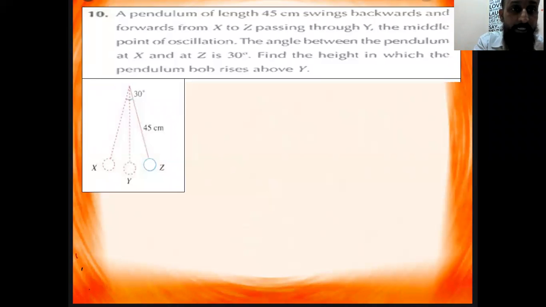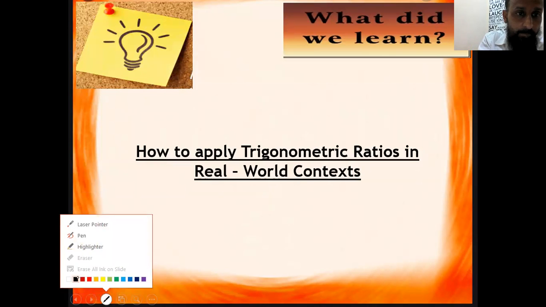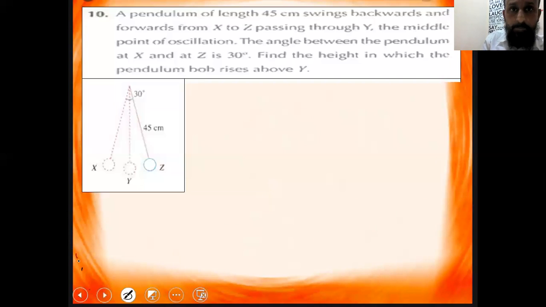So this 30 degrees is the complete angle, boys and girls. This 30-degree angle is the complete angle, right? It's a big angle, 30 degrees, right? Okay, now find the height in which the pendulum bob rises.